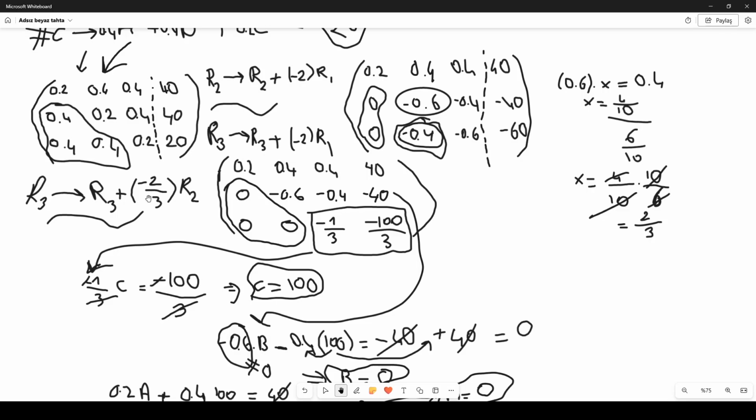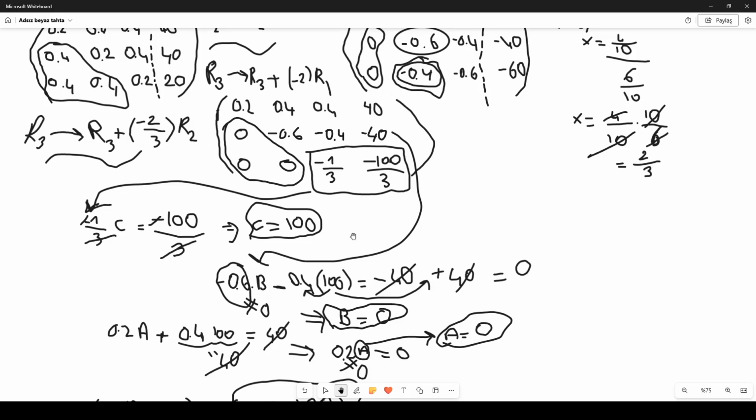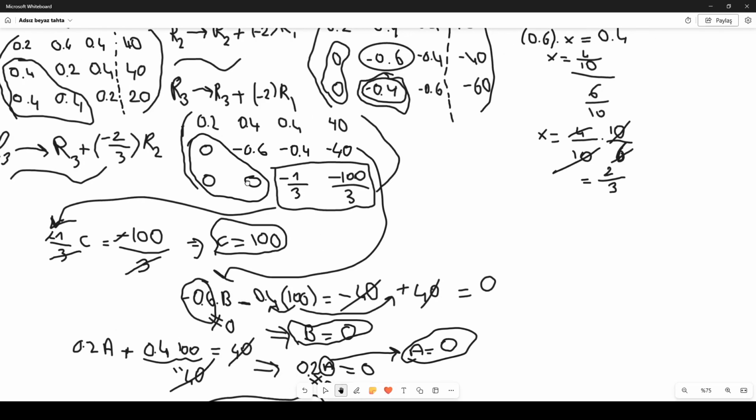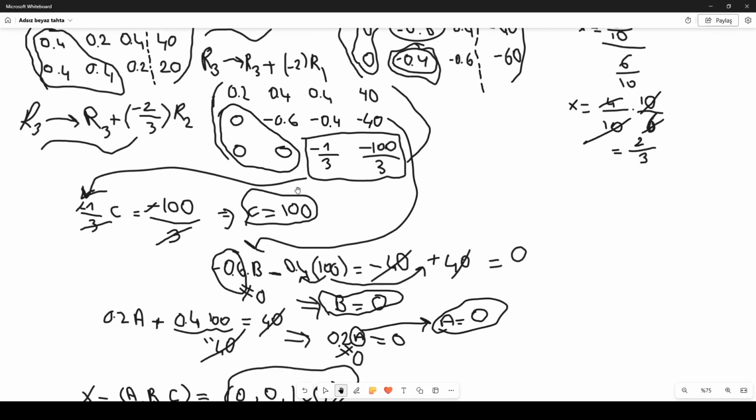So we got -2/3 here multiplied by row 2 and added to row 3, and we replaced the third row by the result we found, and then we obtained what is desired. So now what we have is a row echelon matrix form. We see an upper triangular matrix here, a strictly increasing number of leading zeros. So now I can use the back substitution method to find a solution, because we are done with the Gaussian elimination method since we obtained a row echelon matrix.